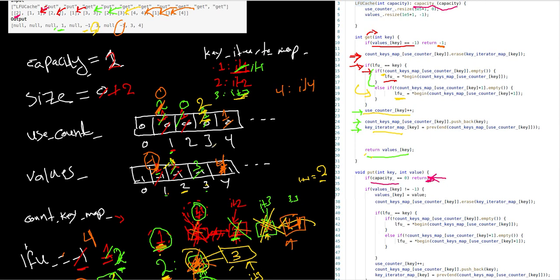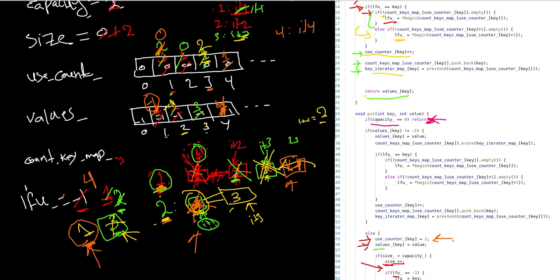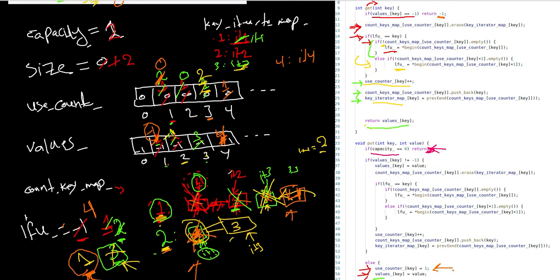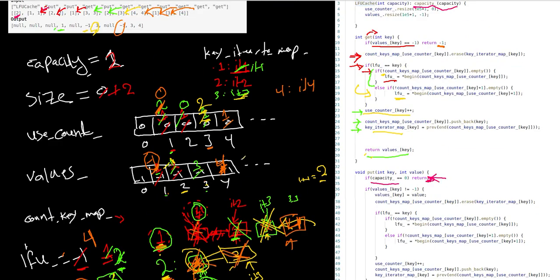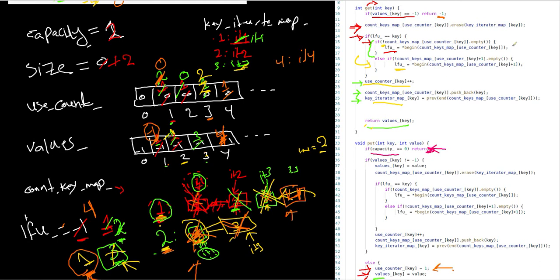The next call is get 3. So the value of 3 is 3, so it's not -1, and that means first of all we need to update the linked list, because the counter for 3 will increase by 1, so we need first to remove it from this 2. 2 is empty now, and we are doing this in this line.